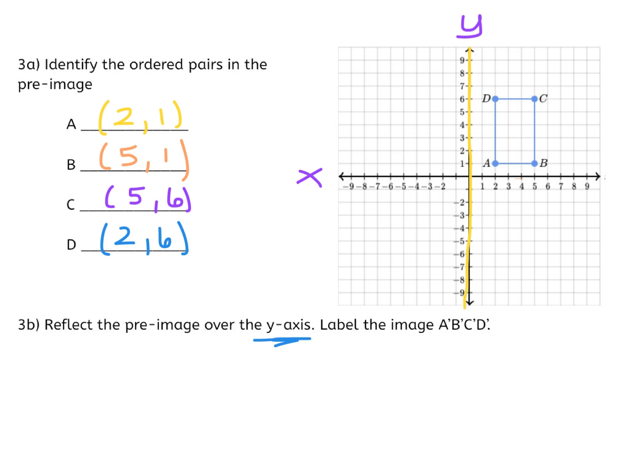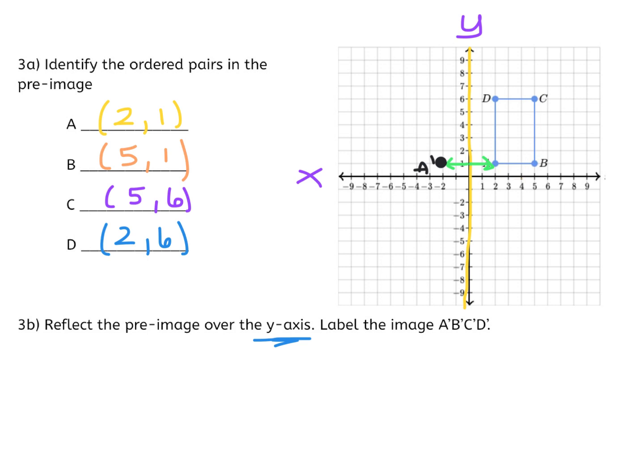To do that, all we have to do is count an even amount of spaces from the axis. Looking at point A, see how it's 2 blocks away from the y-axis? Just reverse that, and that's where your A prime will go. A is 2 spots forward, so A prime is 2 places back.